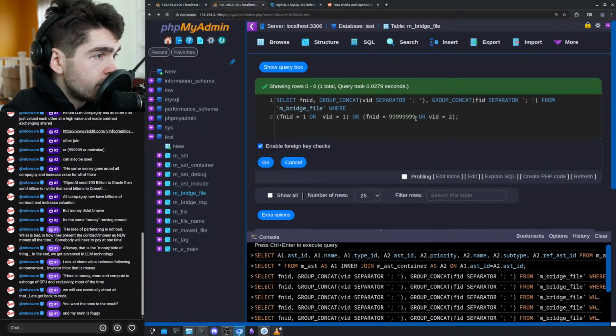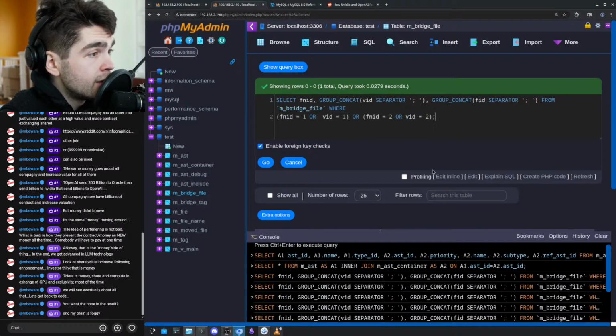I should be able to say, I want to search within the table for a specific ID that has these two values as true, right? So think about it.